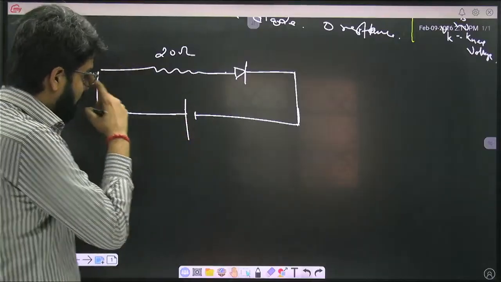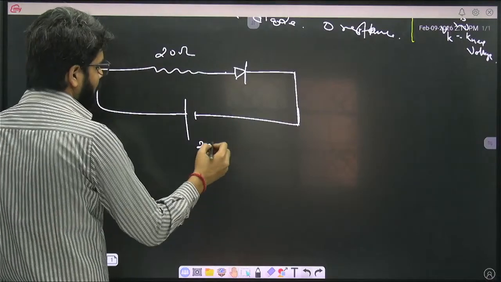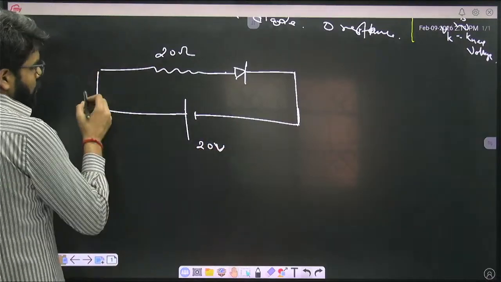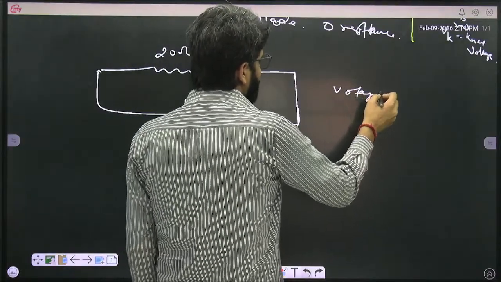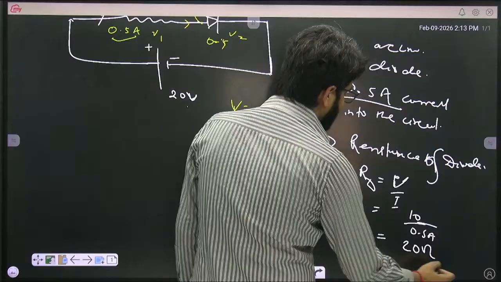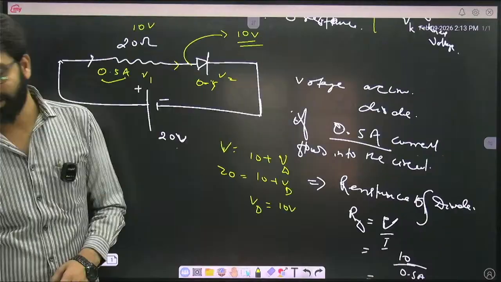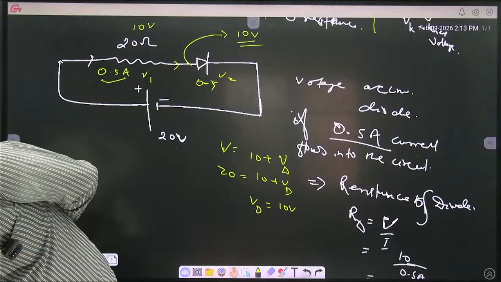This is your 20 volt. So what will be the voltage across the diode? This diode offers zero resistance.